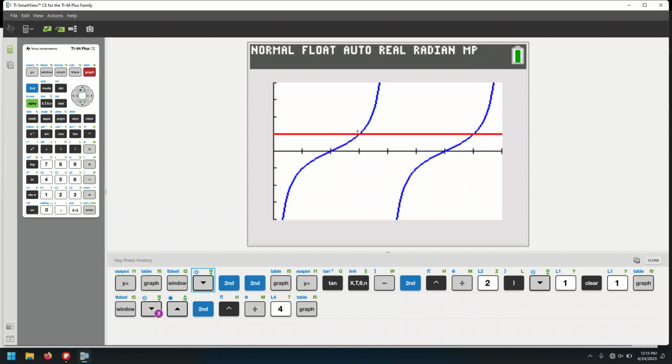Do you see this intersection between the horizontal line and the tangent function? Doesn't that look like the 3 pi over 4 we just found algebraically? So 3 pi over 4, 4 pi over 4, 5 pi over 4, 6 pi over 4, 7 pi over 4. Does that look like the solution we also got algebraically? And do you see that potentially that 11 pi over 4, which is out of the range 0 to 2 pi, we don't want that one. So we just want all the solutions that lie within the 0 to 2 pi interval.